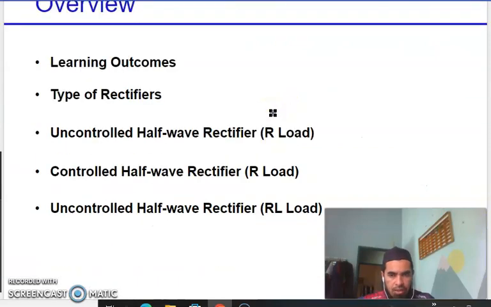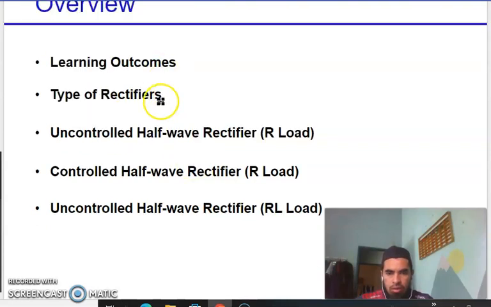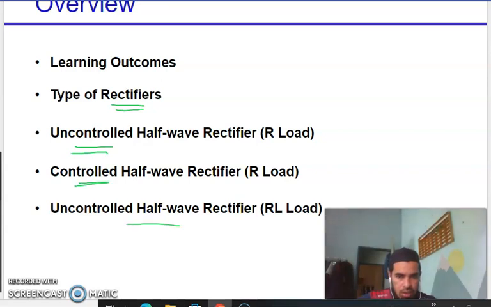For this chapter, we shall go through the outcomes of the chapter, and see the types of rectifier that are inside the converter. The rectifier will be processed either in uncontrolled, controlled, or uncontrolled but with an RL load.